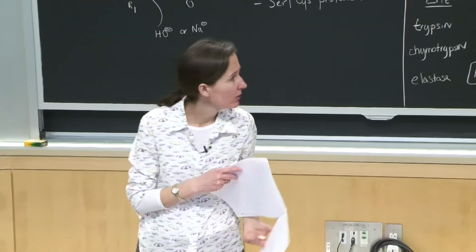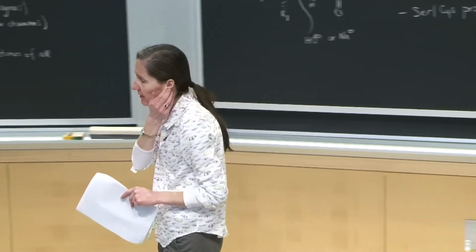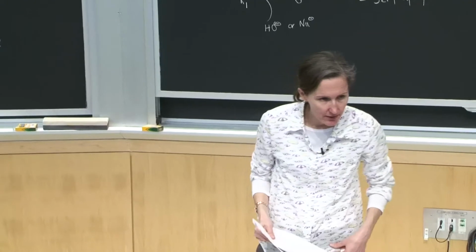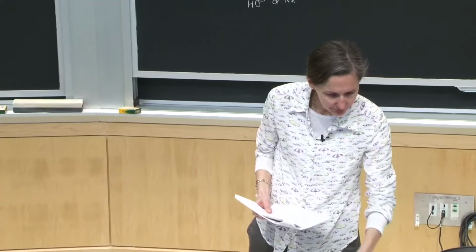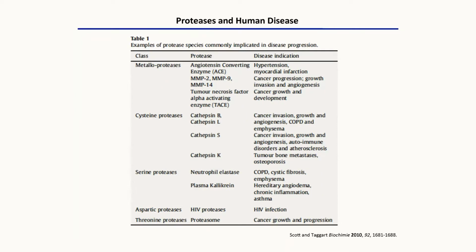So where we'll close the general background is just with a note on proteases and disease and protease inhibition. So if we consider various human diseases and proteases, there's many, many links, and many proteases are implicated in a variety of diseases and pathologies.